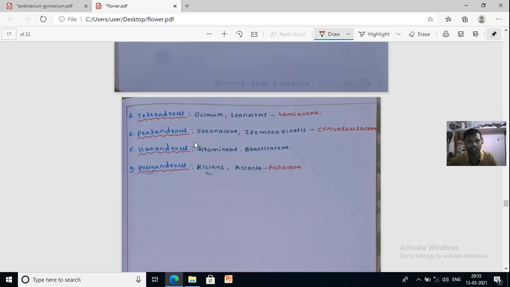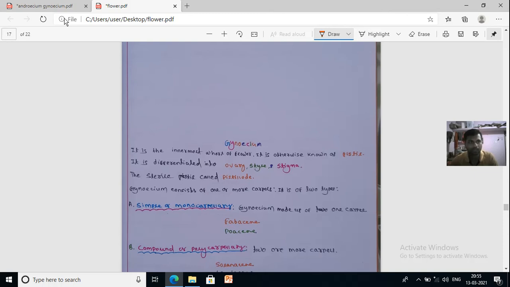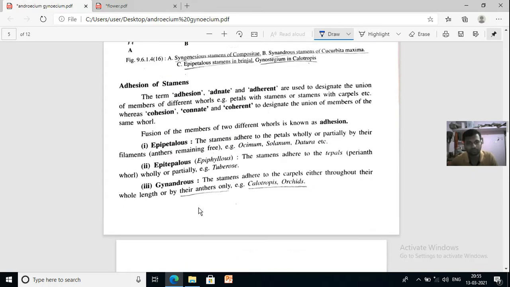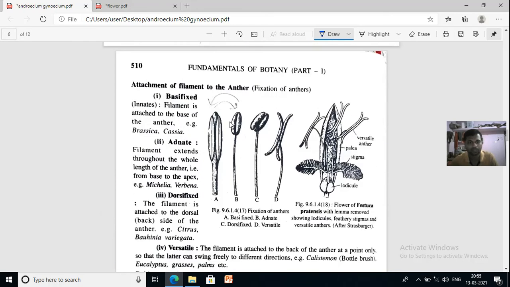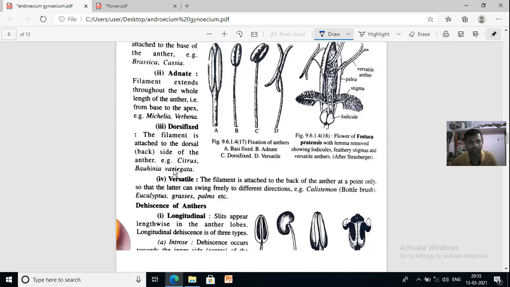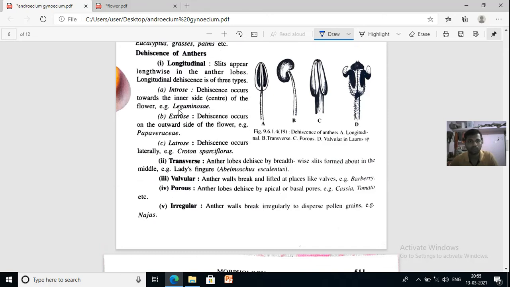Now the tetrandrous condition is in Ocimum; pentandrous, hexandrous and polyandrous we have already discussed. Also the basifixed, adnate and dorsifixed arrangements, and then the introrse and extrorse conditions. When dehiscence, the release of pollen grains, occurs outside the flower, it is extrorse; inside the flower is the introrse condition.